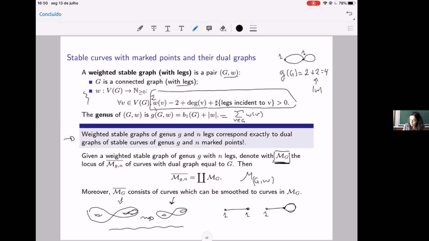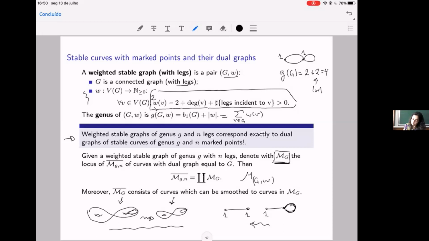On the other hand, graph theoretically, we can see the graph parameterizing the smoother curve as obtained by contracting something from the graph that corresponds to the most degenerate curve.